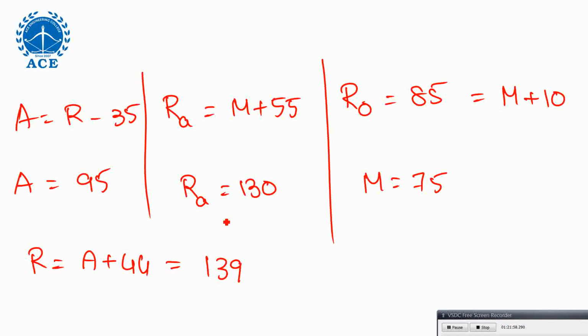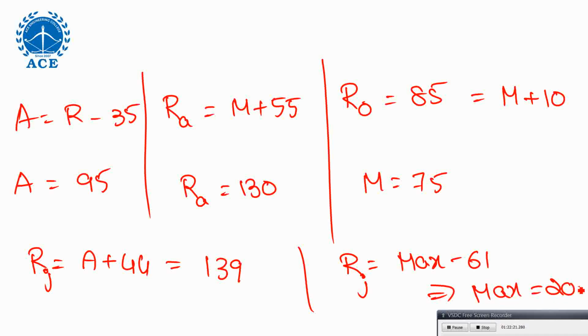Listen, that 139 is 61 marks less than the maximum. Sorry, that is not Rahul, that guy is Raju. Okay, RJ. Fine. So Raju got 61 marks less than maximum marks. So maximum marks are 200.